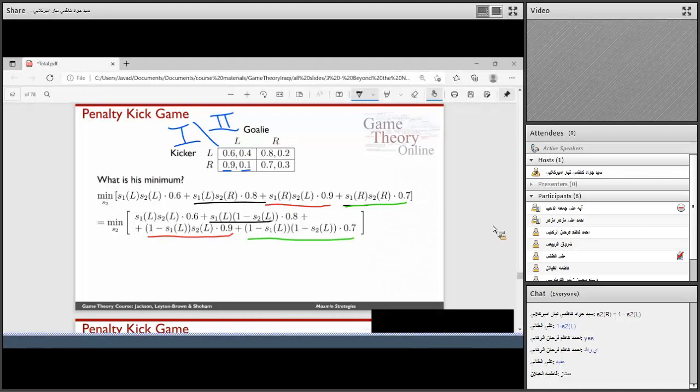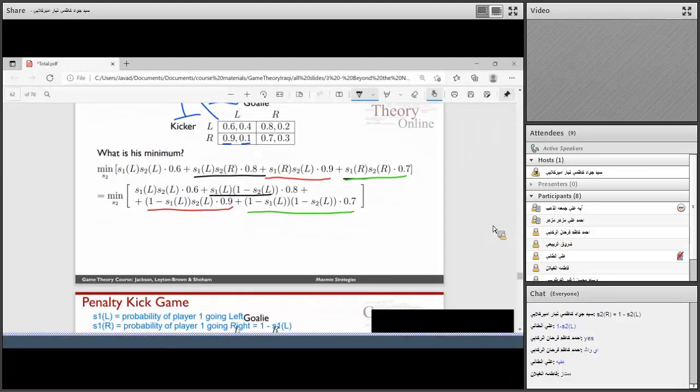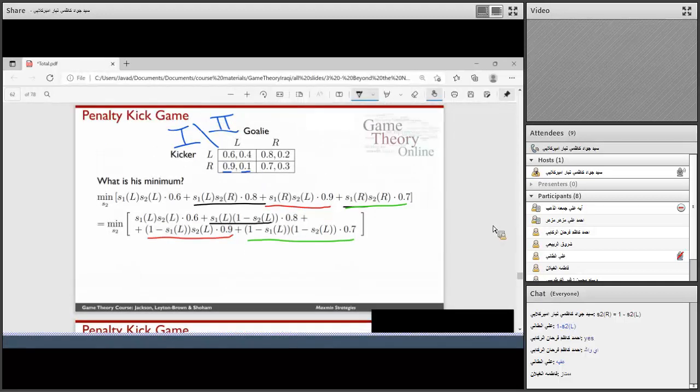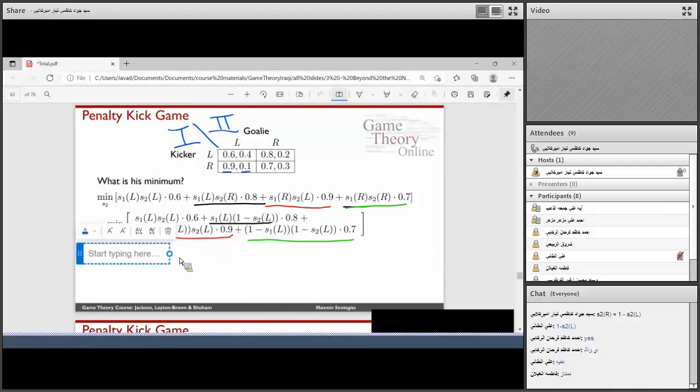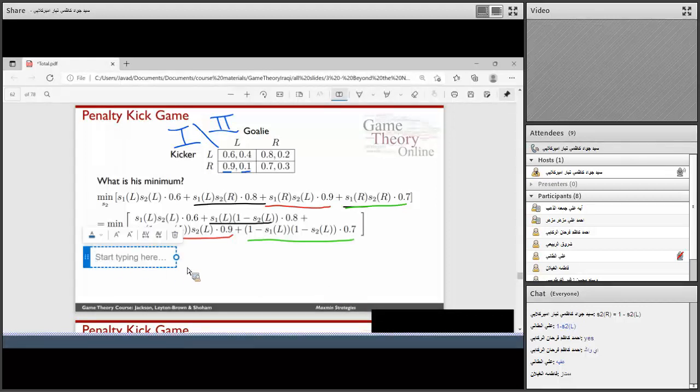So next, I need to simplify this. Just like the previous problem, because this is going to be an optimization, the inside is min over S2, so I need to write everything with respect to S2 first.